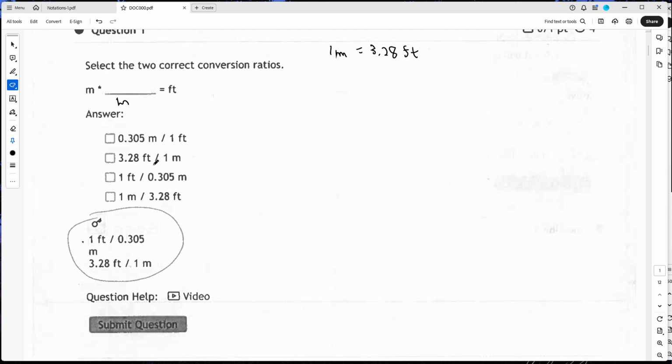And when we look at our choices, we see there are 2 answers here with meters in the bottom. One is here and one is here. So one answer would be something like 3.28 feet for 1 meter. And the other one, you can go ahead and rewrite this and divide both numerator and denominator by 3.28.